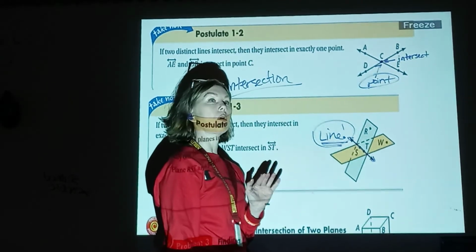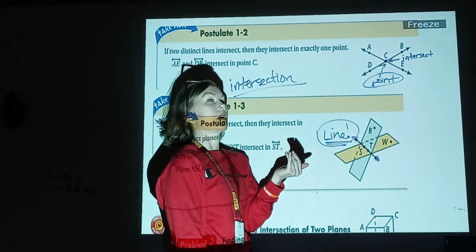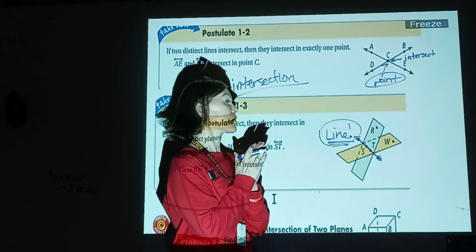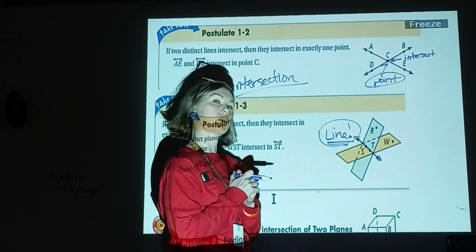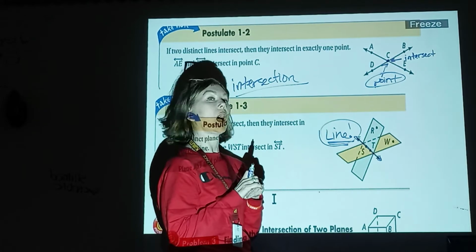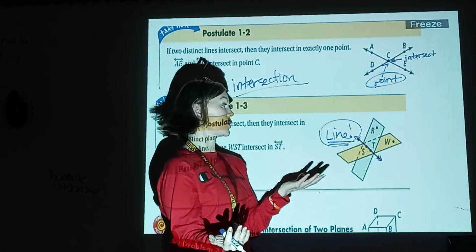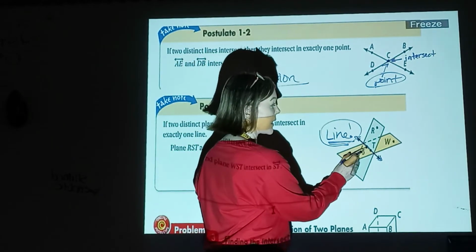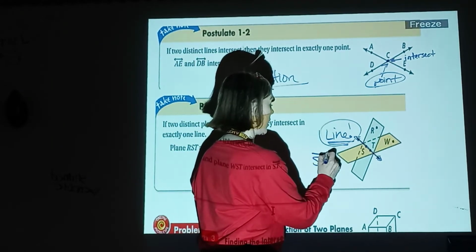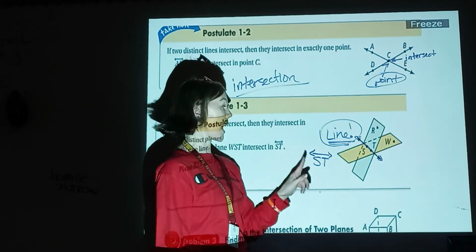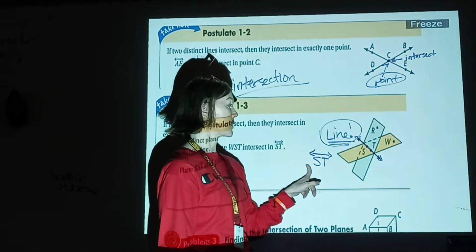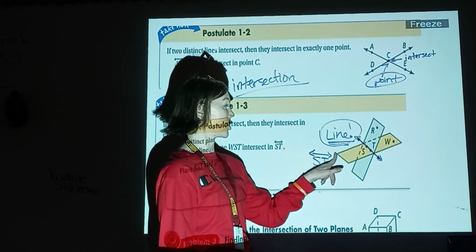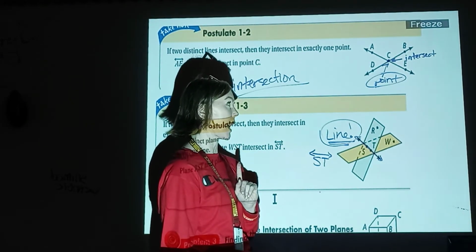So we need to know what is created where two planes intersect. They intersect at a line. Again, being able to recognize it. And this is line ST, so you would write they intersect at line ST. And why do I know this is a line? Because it has two arrows on either end.